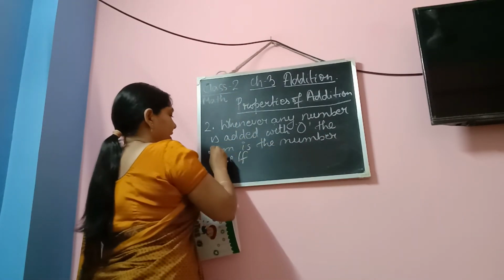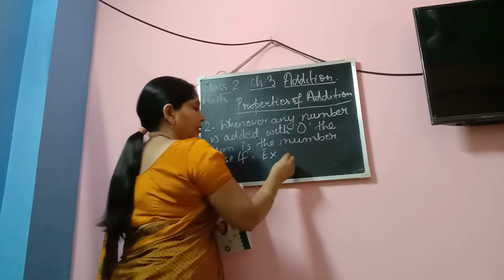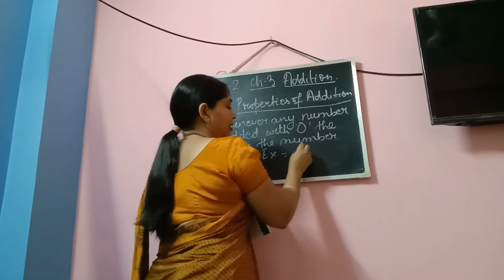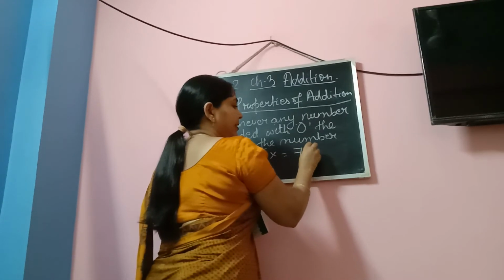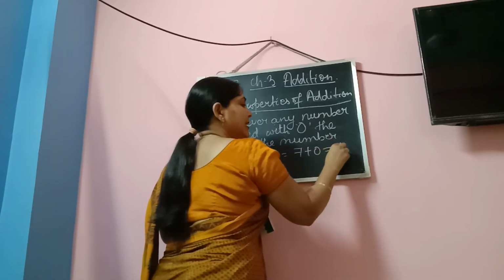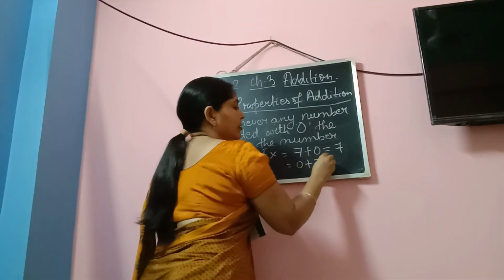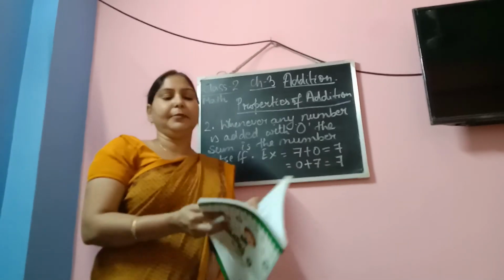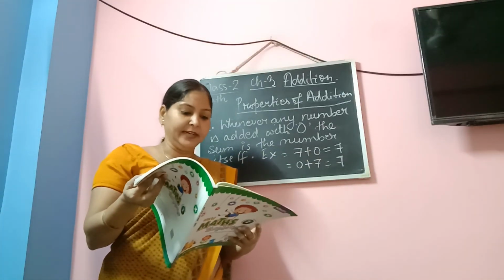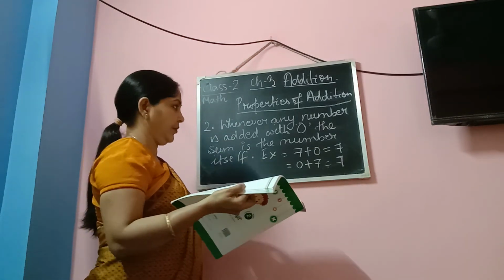Example, what is the example? Let's take the example, say 7 plus 0, it will be 7 only. If I add 0 plus 7, then also 7. So any number which is added with 0, the sum is the number itself. Okay.